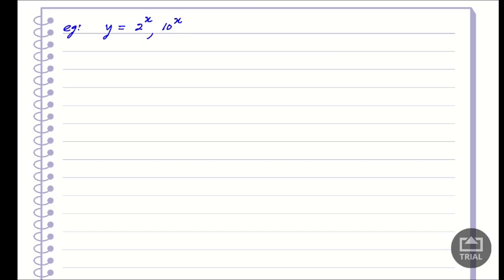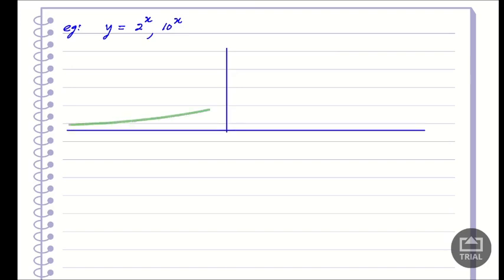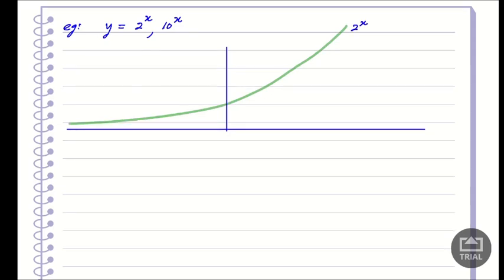Let me tell you this. The shape of the function is going to be the same. So suppose this one is 2 to the power x. Then we have to understand how 10 to the power x looks like. So the 10 to the power x looks like this way.